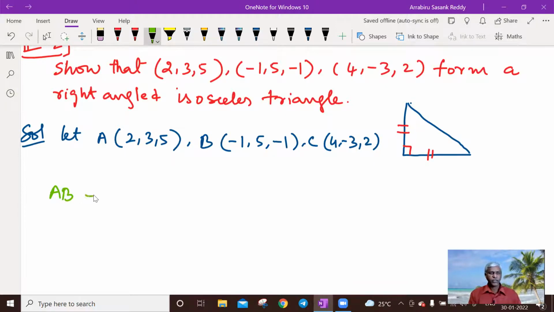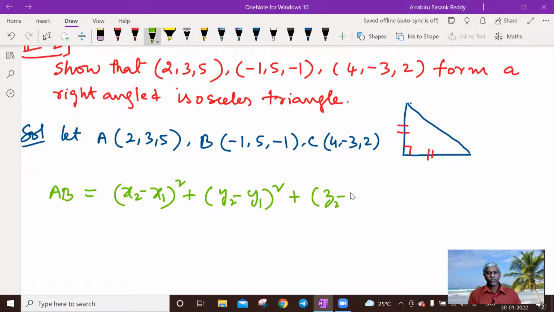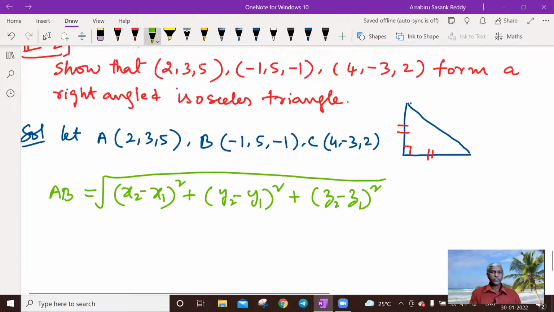So AB, the square root of (x2 minus x1) whole square plus (y2 minus y1) whole square plus (z2 minus z1) whole square. Whenever you want to find the distance, use this formula only. So this is the distance formula. By using this formula, we calculate three distances. We want the lengths of three sides: AB, BC, CA.